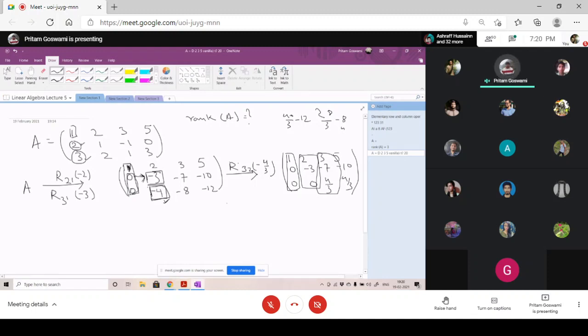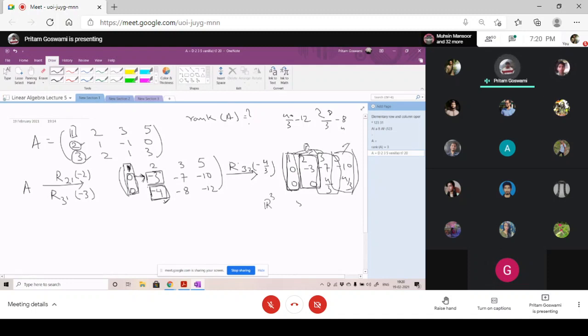Now, since these column vectors have 3 elements each, and there are 3 independent column vectors, they will span R3.